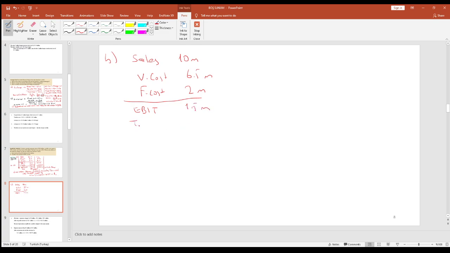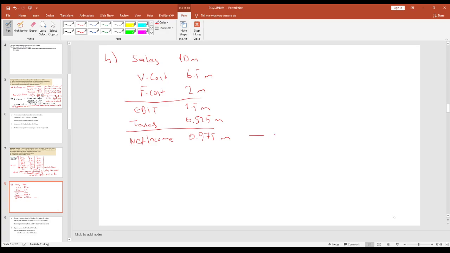So less taxes, 35% of 1.5 million is equal to 0.525 million. So the result will be net income, and this is 0.975 million.